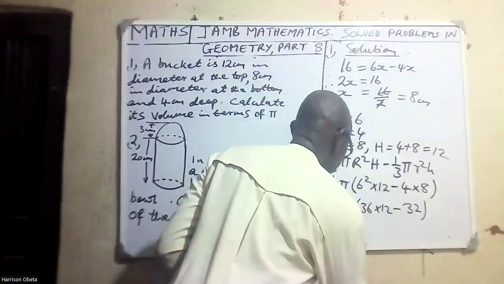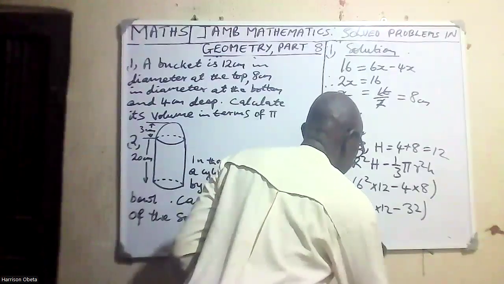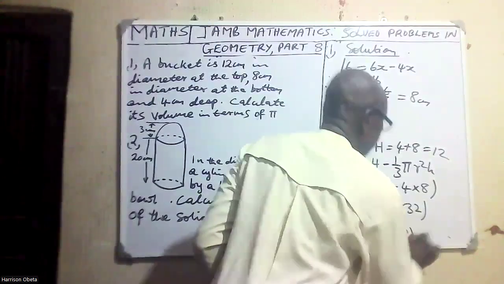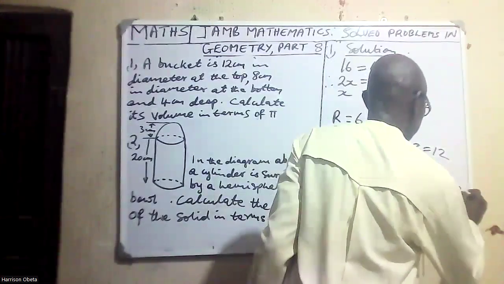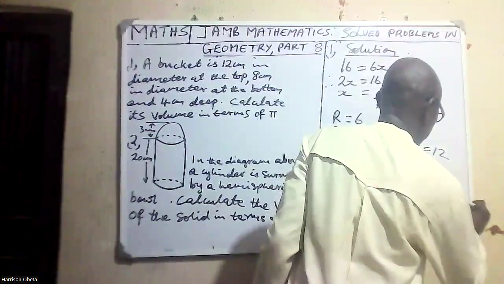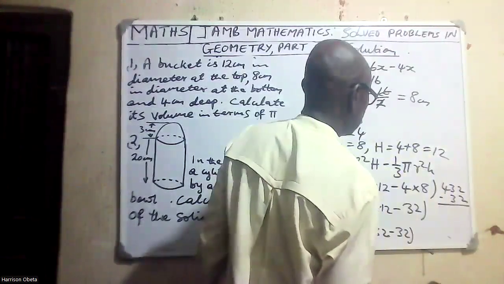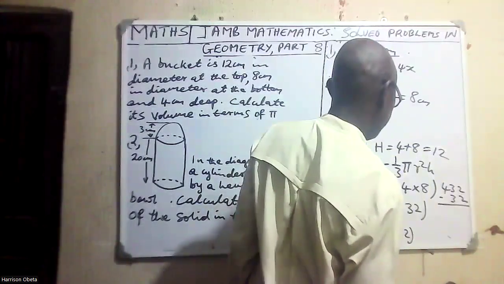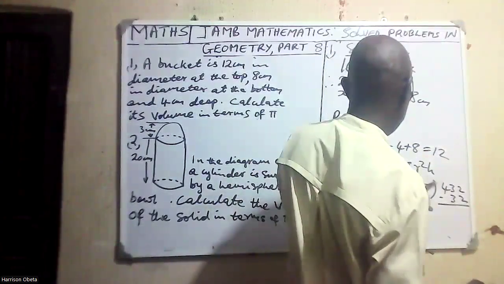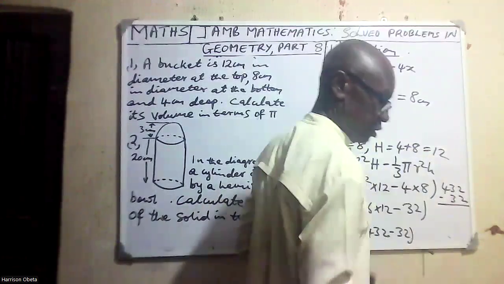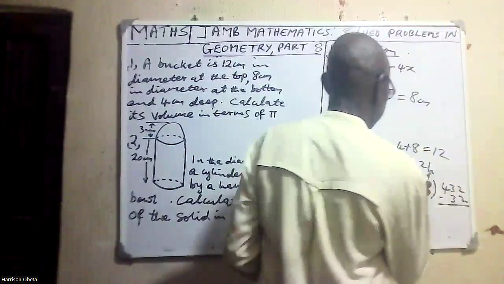So that is 1/3 pi bracket 432 minus 32. Let me see, there's a little mistake somewhere.